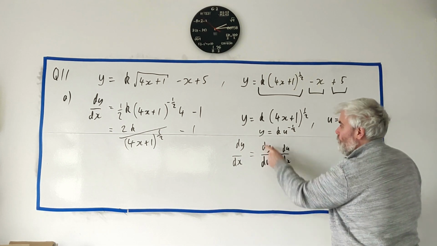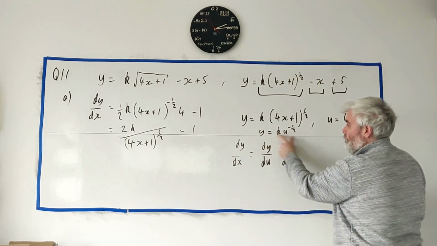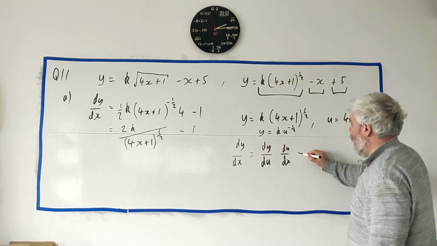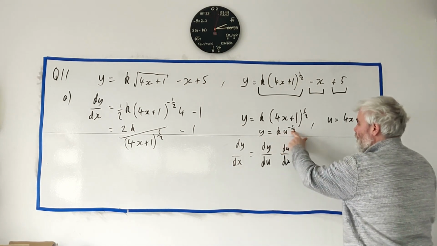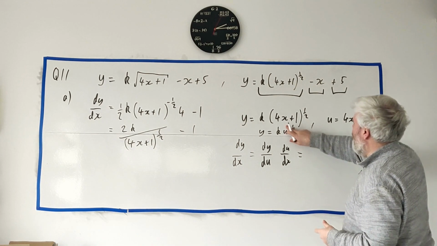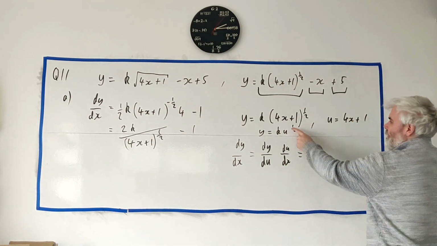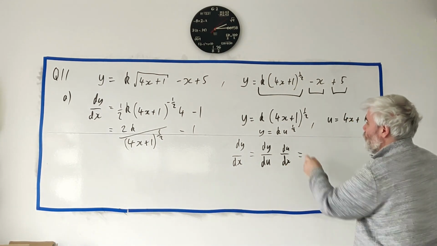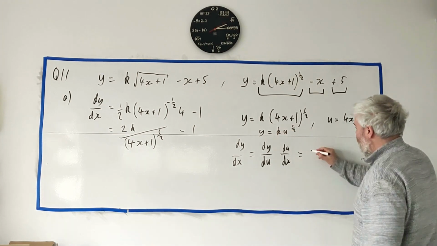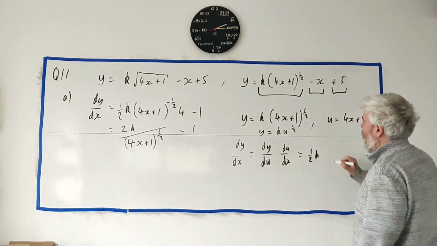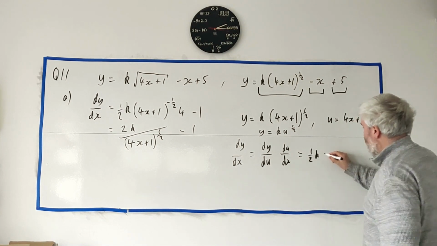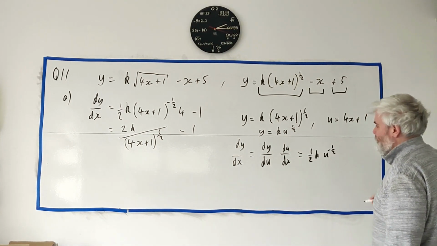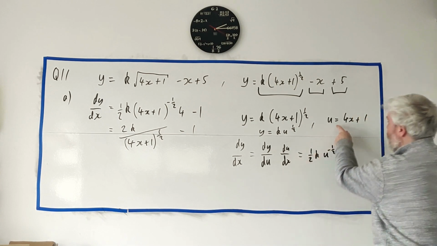dy du. Here's y, here's u. It's a very simple derivative. The derivative of this is minus a half. Sorry, this should be a half. My apologies, that should have been a half all along. So the derivative of this is a half multiplied by k, and add one on, take one away from this term, u to the minus a half. du dx is quite easy to do.